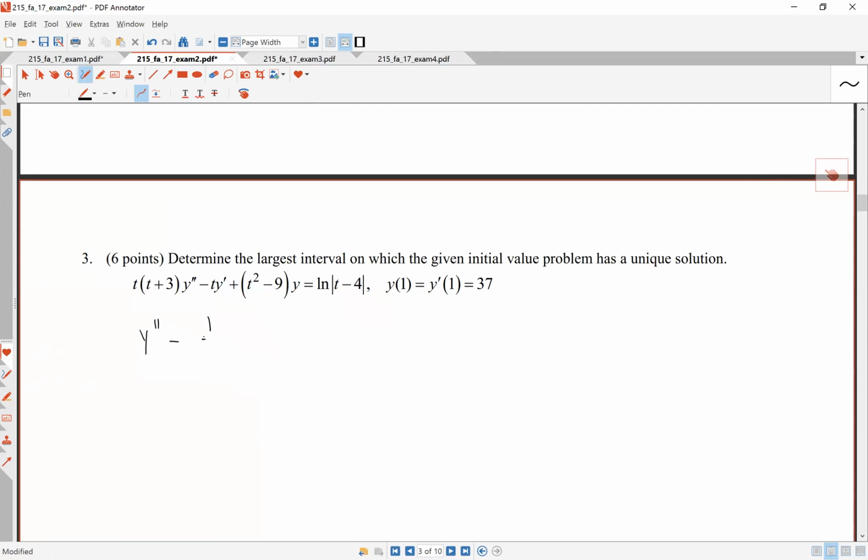We have 1 over t plus 3 y prime plus (t squared minus 9) over (t plus 3). That's (t minus 3)(t plus 3), so we'll have (t minus 3) over t for that one. y equals the natural log of |t minus 4| over (t minus 3), t and t plus 3.